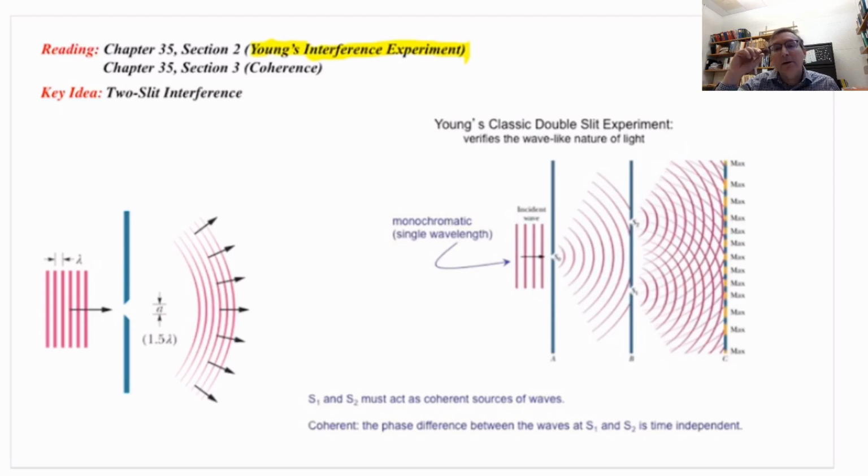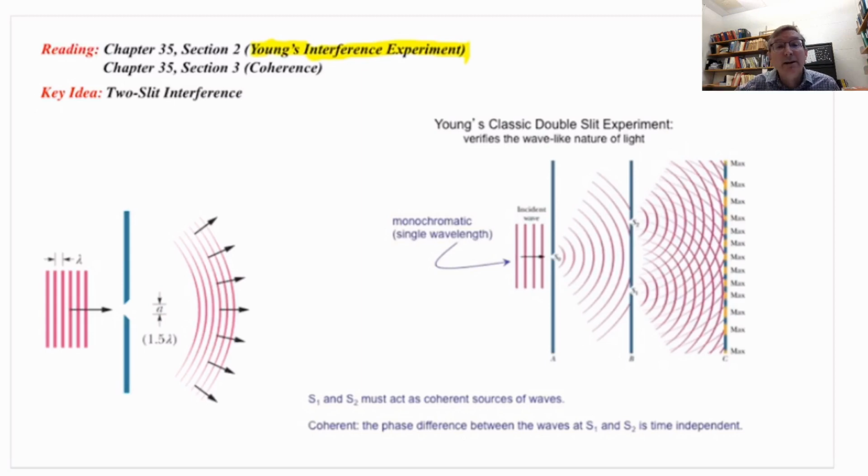And when this experiment was done in 1801, showing interference of light waves, then they knew it behaved like a wave, at least in this situation. The person given credit for the experiment is known as Young, last name, so it's called Young's classic double-slit experiment.